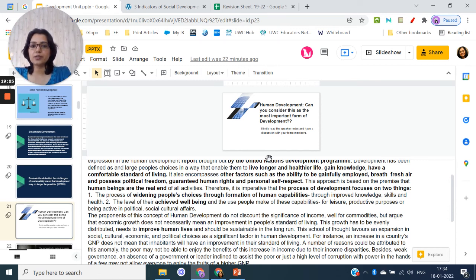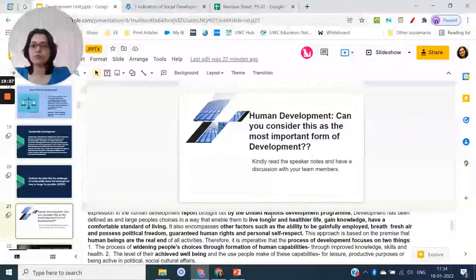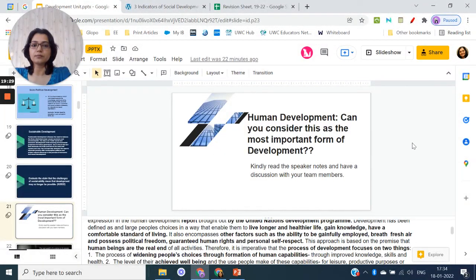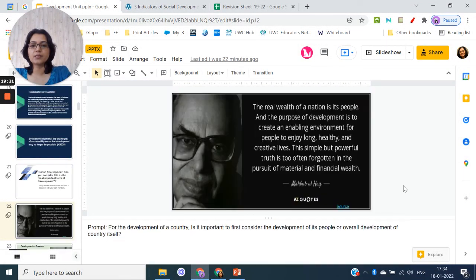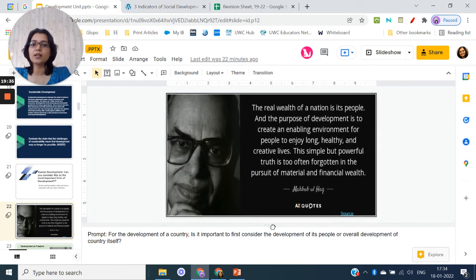All right, so these are the types of development. And the last prompt of the day, this is from Mahbub ul Haq. The real wealth of a nation is its people. And the purpose of development is to create an enabling environment for people to enjoy long, healthy, and creative lives. This is the purpose of the state, right?